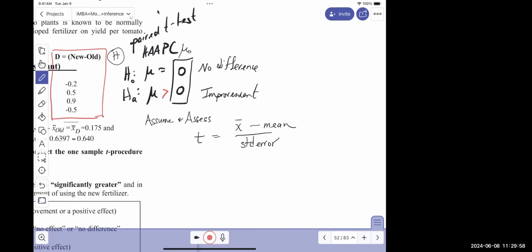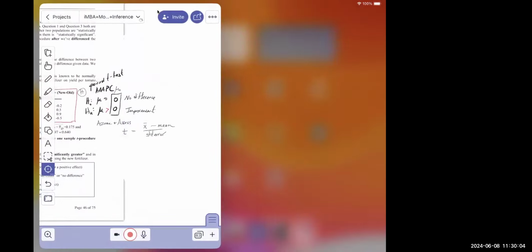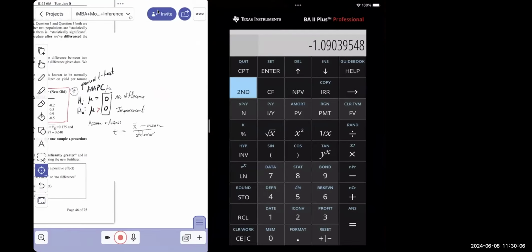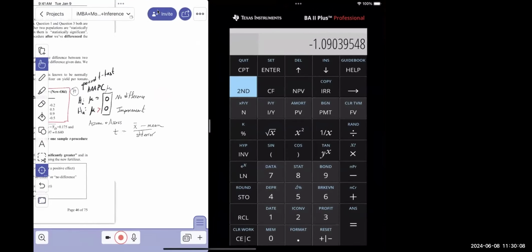So what is the mean? In this sample, we have to calculate the mean. So take out your calculators and get the mean and the standard deviation very quickly, efficiently.